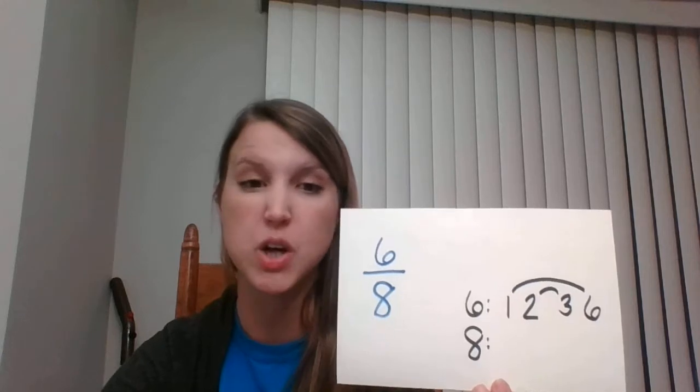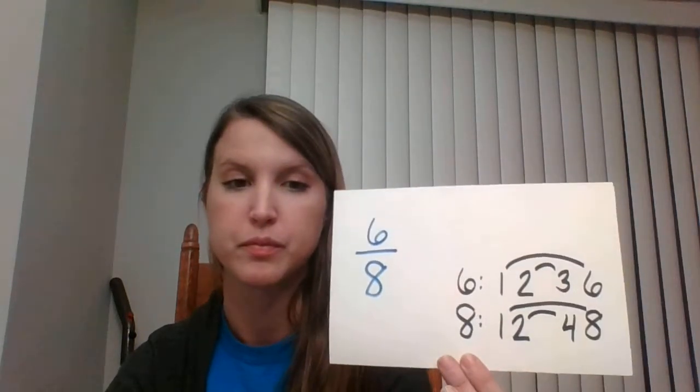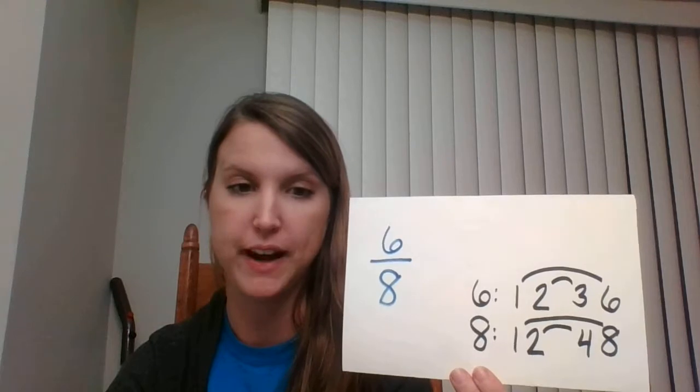I know that 2 times 3 is 6, and I've just listed all of my factors. Now for 8, I know that 1 times 8 is 8, 2 times 4 is 8, and these are all of my factors.